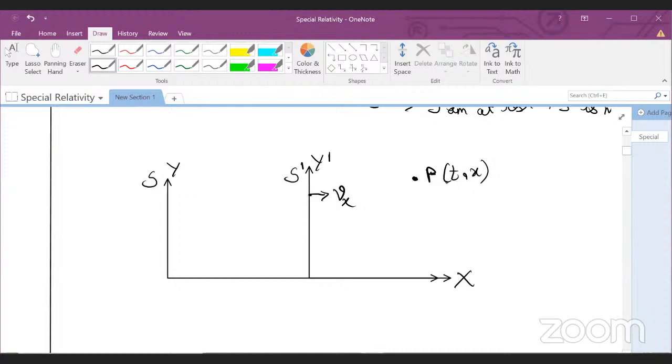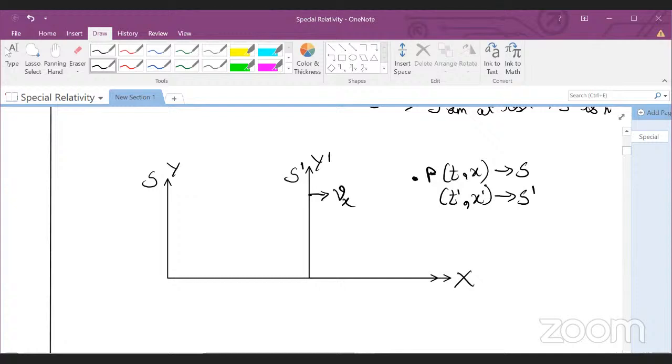But according to S dash, it is some time t dash and some location x dash.